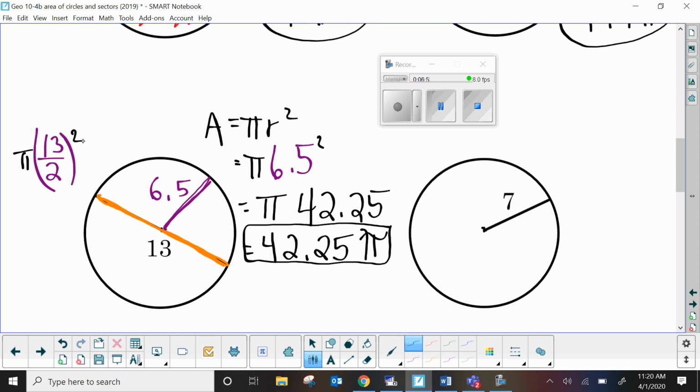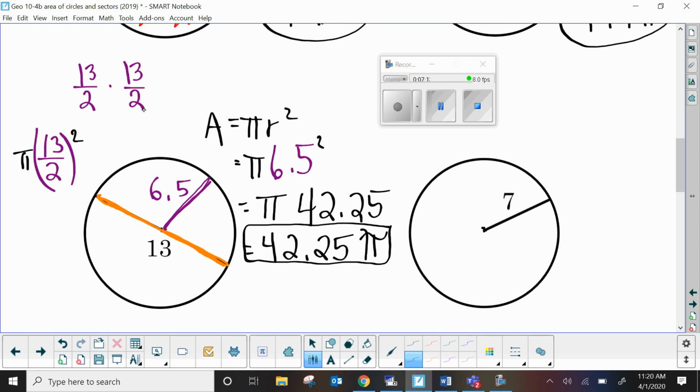If you use that Desmos calculator that I shared the link to and put it in fraction form, the Desmos calculator will do that for you. But hopefully you remember that 13 over 2 squared just means 13 over 2 times 13 over 2.